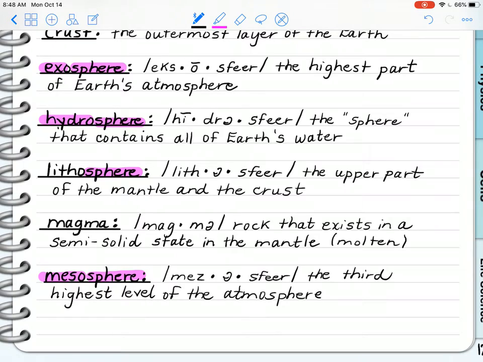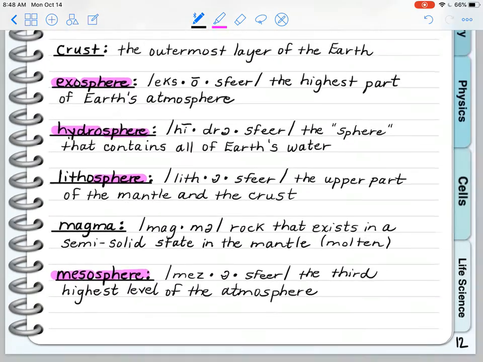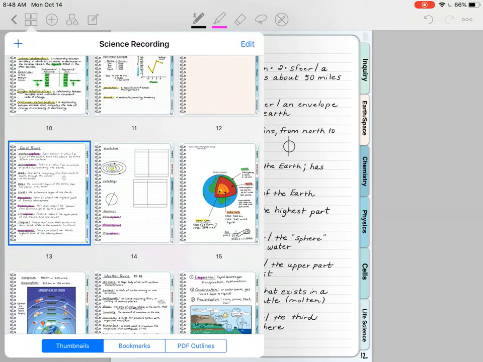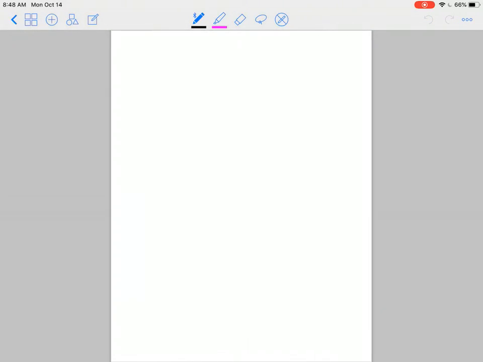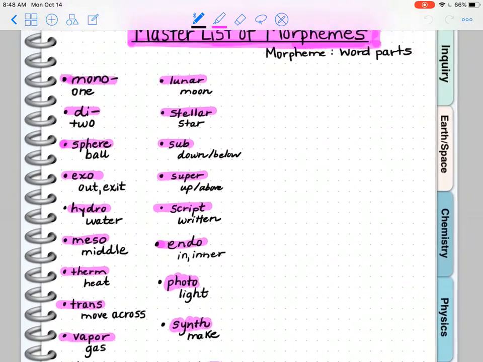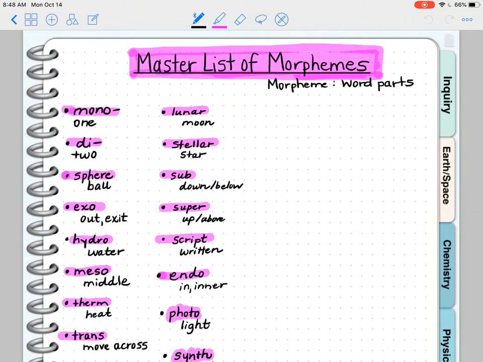Okay, I want to go to that page of morphemes and make sure that we have all of these on there. We have sphere, exo, hydro, and meso that we need to make sure are on our list of morphemes. So let's zoom in here. Here's sphere. There's exo, hydro, and meso. So those are already in my list of morphemes.